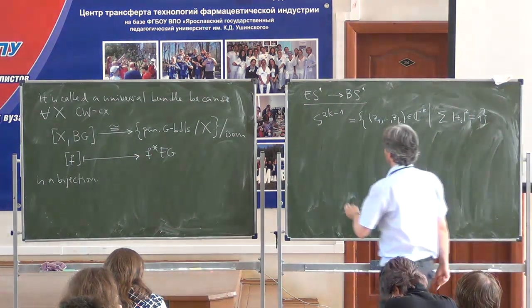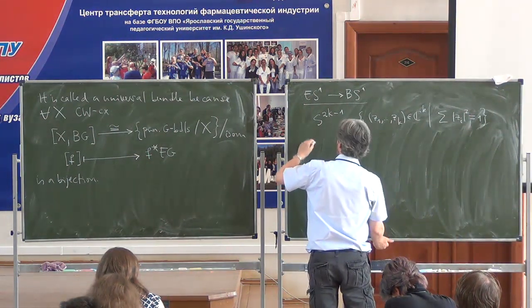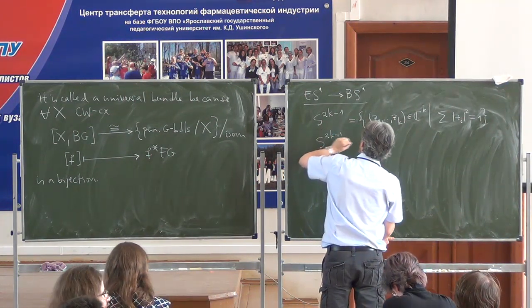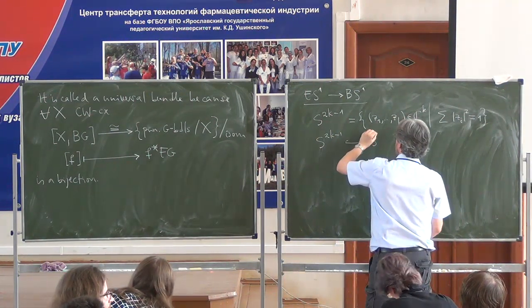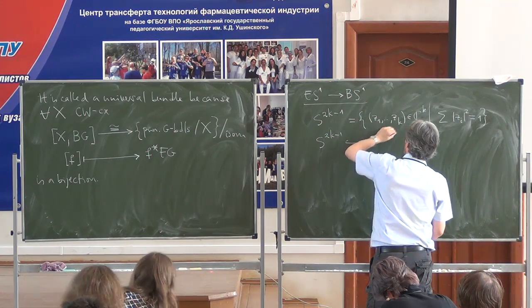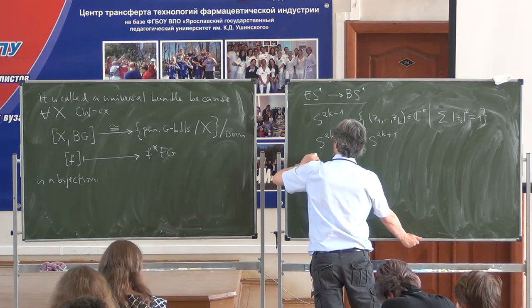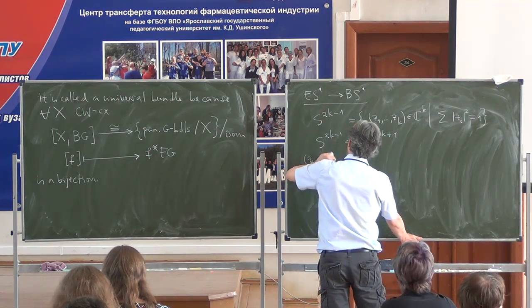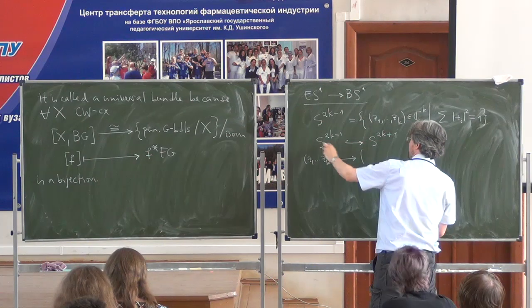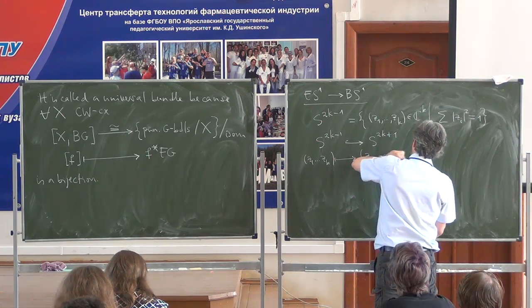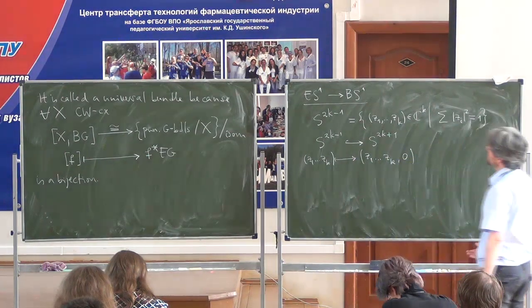And you have an inclusion of S^(2k-1) inside S^(2k+1), sending an element to this one.